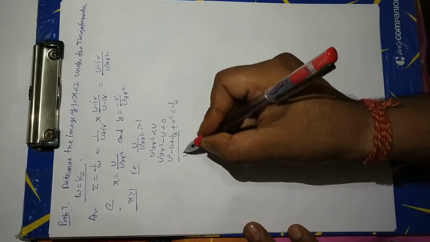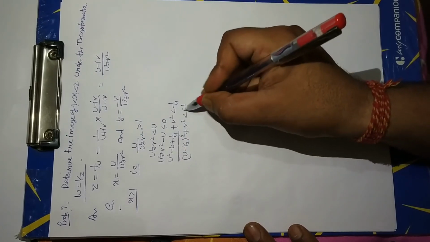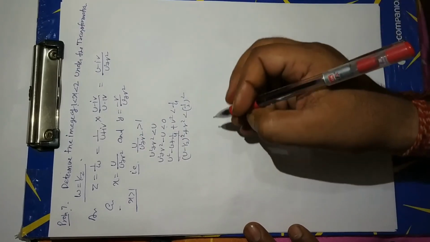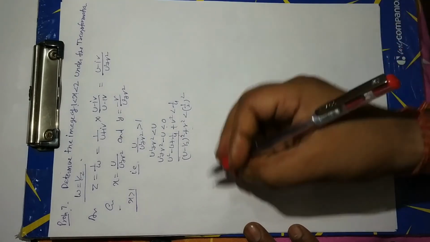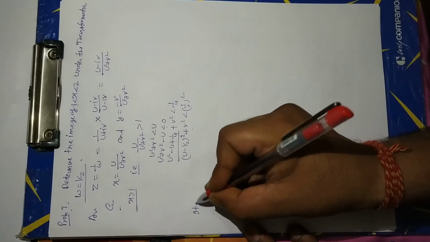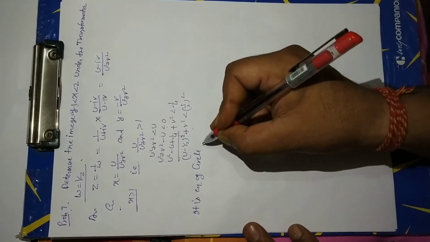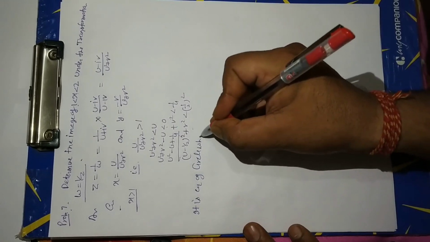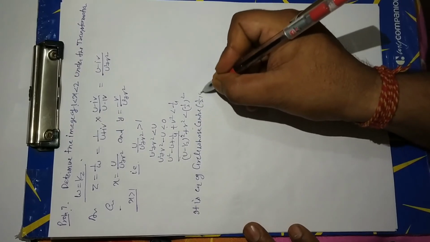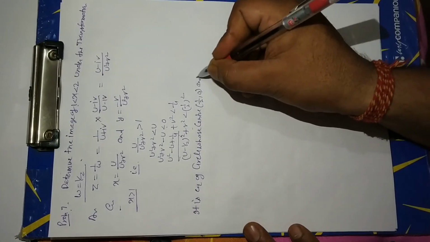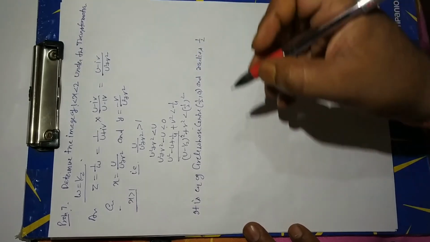Now this is (u − 1/2)² + v² < (1/2)². This is the equation of a circle whose center is (1/2, 0) and radius 1/2.